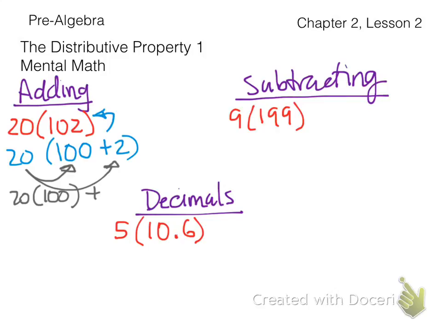All right, so I'm going to do 20 times 100 plus, because the operation just comes down, 20 times 2. Well, 20 times 100 is going to be 2 with 3 zeros, so 2,000. Plus, 20 times 2 is 40, so if I add it up, it's going to be 2,040.